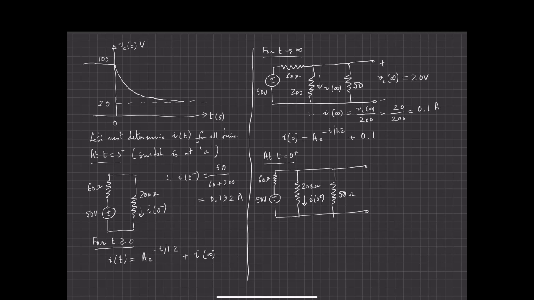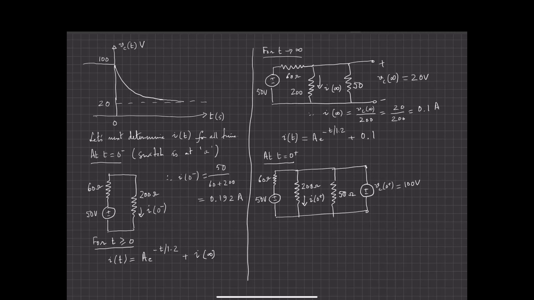But I know the voltage across the capacitor at 0 plus, because I know VC at 0 minus, I know VC at 0 plus. So at t equals 0 plus, I can replace the capacitor with a voltage source, VC at 0 plus equals 100 volts.